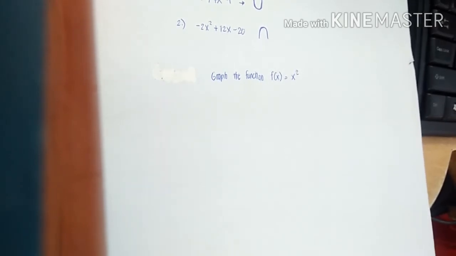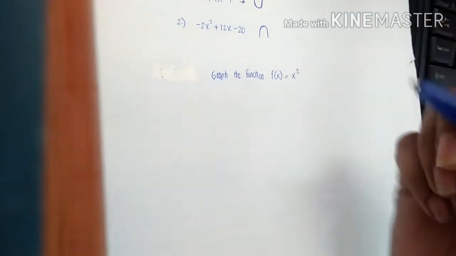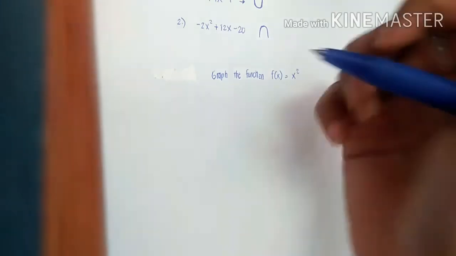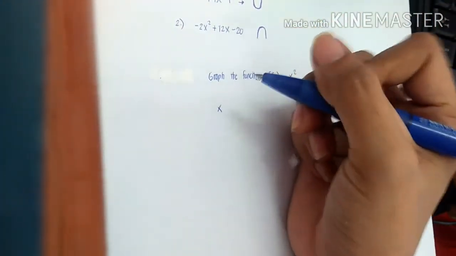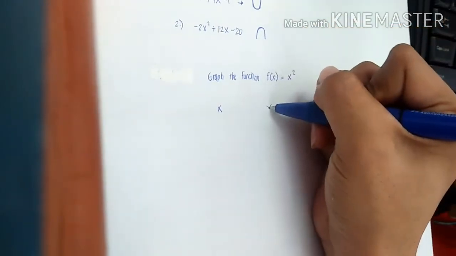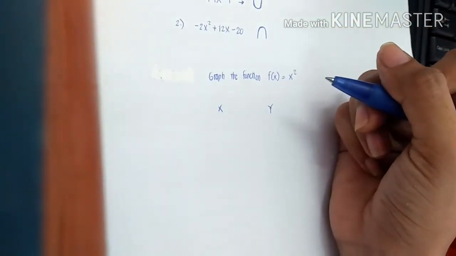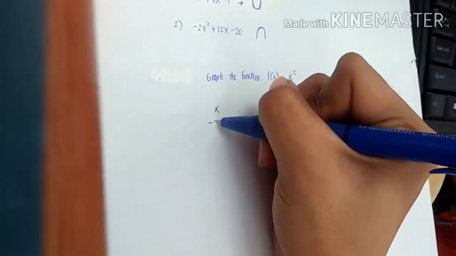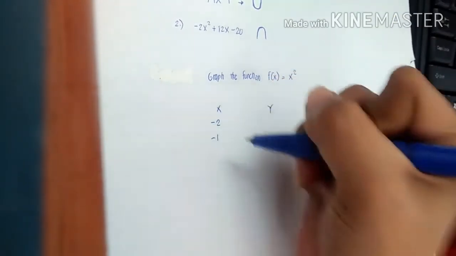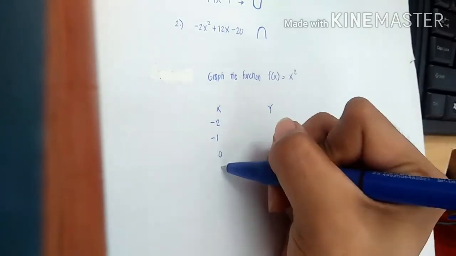First, we need to construct a table of values, with x and y. For example, x is negative 2, negative 1, 0, 1, 2.